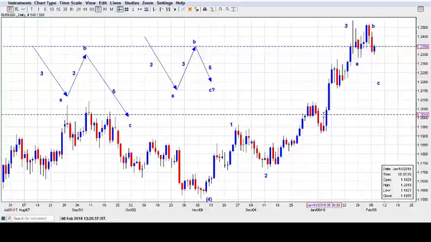So the only piece of advice is to sell or keep looking for opportunities to sell on rallies. That's a safe trading strategy. Aggressively, if you're trying to go long, then it should be low risk. You should keep your stop loss or risk very tight and be watchful.